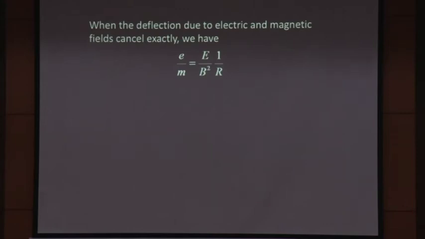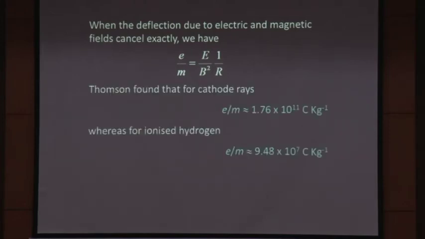So what is the summary? The electric and magnetic fields cancel, and at the end you can calculate the e by m ratio by knowing the corresponding B and E, and obviously the radius of curvature. So Thomson found that e by m is 1.76 times 10 to the power 11.